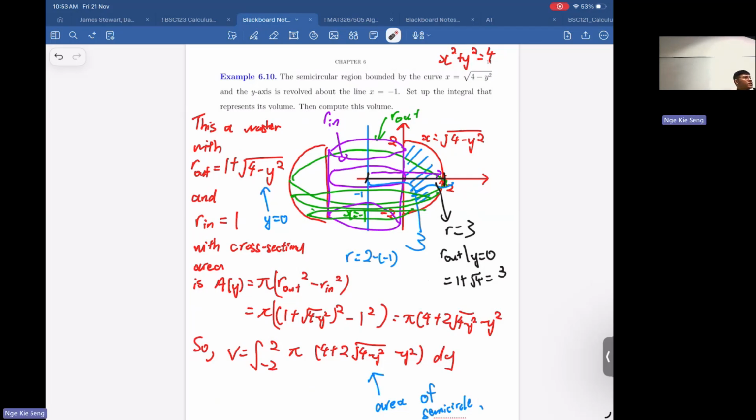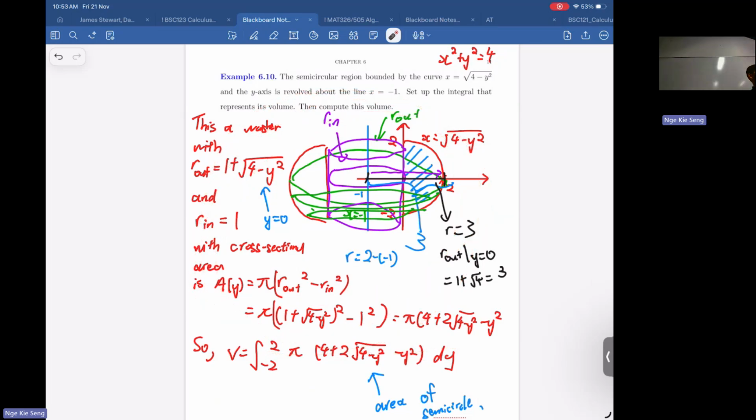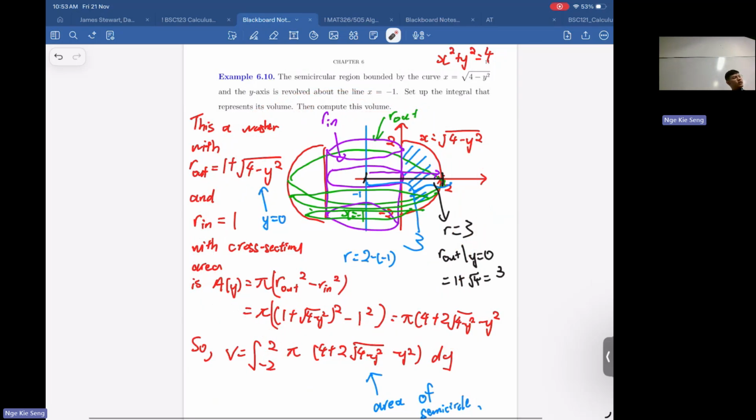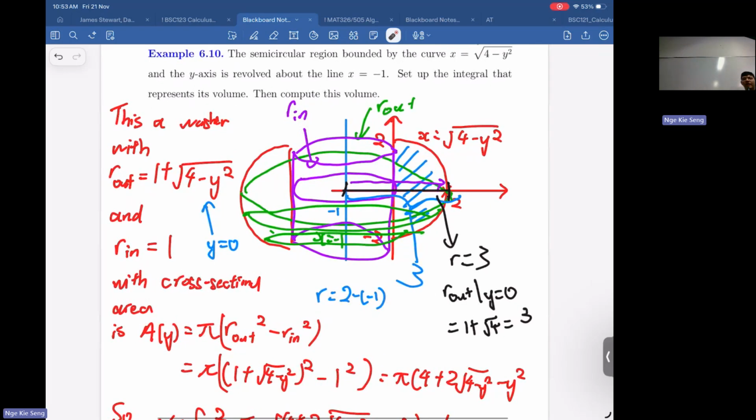Any question so far? I think the integral is standard, but any question on reading this washer, getting the R in, R out? The technique you need to learn here is get the picture right, and then decide what is R in, what is R out, and then you just use the washer formula.